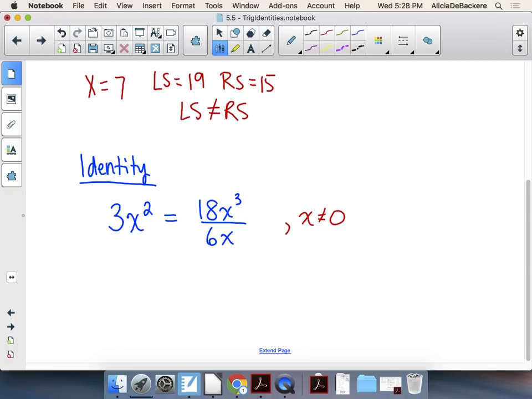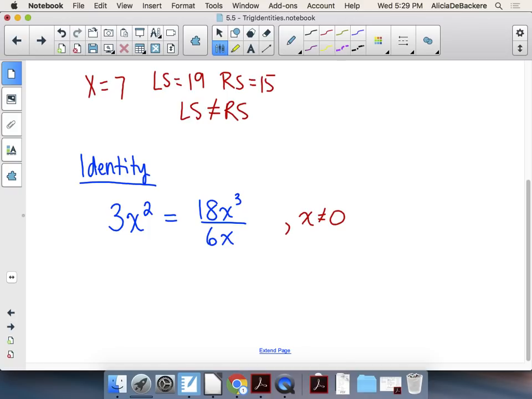So I could pick x is 1,067,500 and plug that into the left side and plug it into the right side, and they would both give me the same answers. Now, it's exhausting to go through all the possible numbers that you could plug in here, and you can't. There's an infinite number of numbers. So you could never prove to me for sure that it was an identity just by picking numbers and plugging them in.